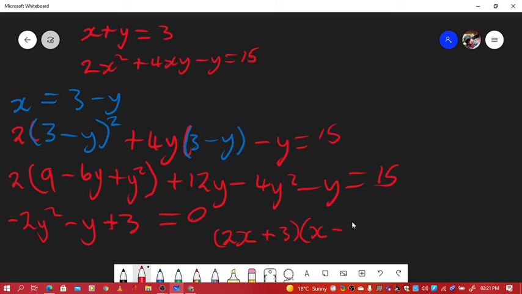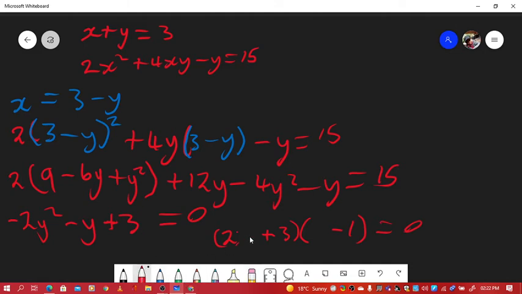Let me see, minus 1. Okay, equals to 0. So if I say 2 times 2, then I get positive 2xy. I'm really sorry, I forgot that I'm dealing with my y, not my x. So we should be careful with these small mistakes.